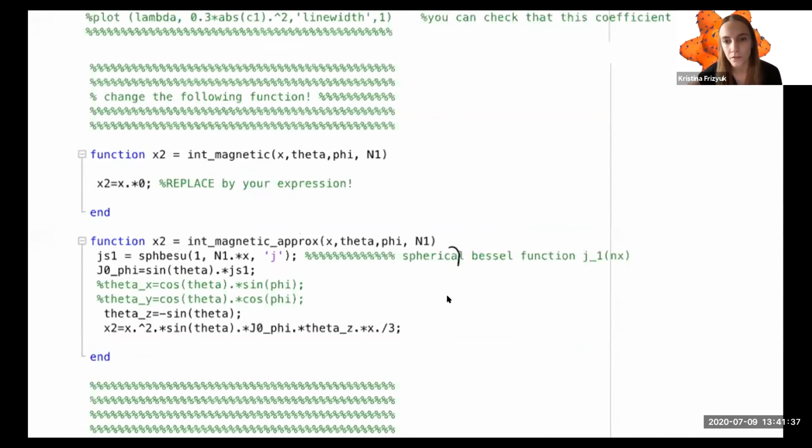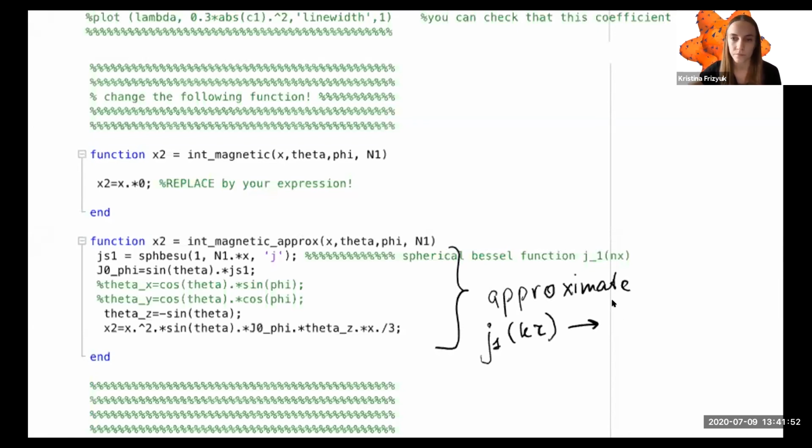And here you need to put the same, something like similar expressions, but not approximate, but exact.